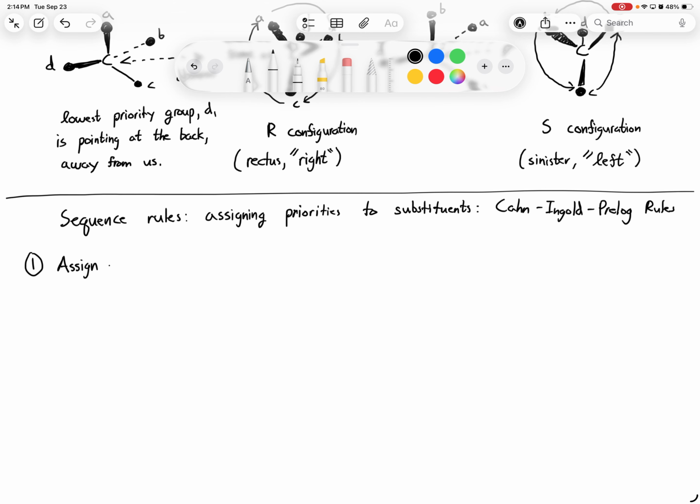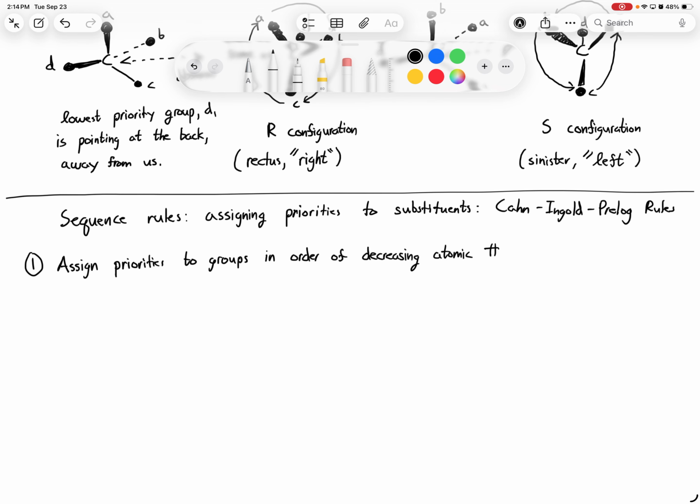Okay, so assign priorities to your substituents or to your groups of atoms here in order of decreasing atomic number.